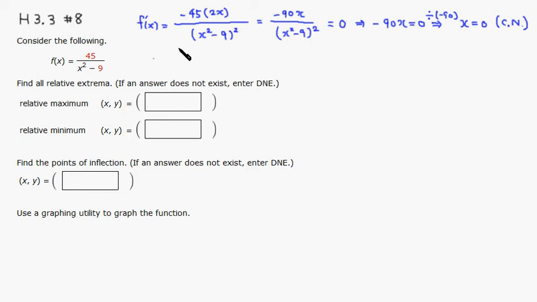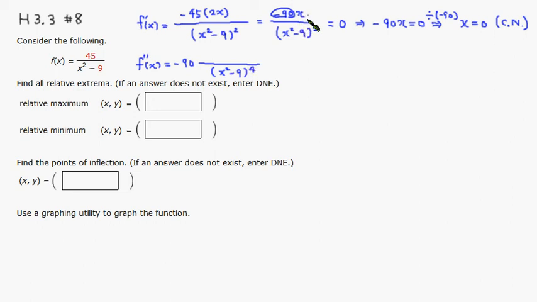So we need a second derivative. So let's take another derivative. So f double prime is going to be, another quotient rule. So I'm going to put the negative 90 in front, since this is just a constant multiple. Then use the quotient rule. So square the bottom: x squared minus 9, and it's already squared, so it's going to be the fourth power.